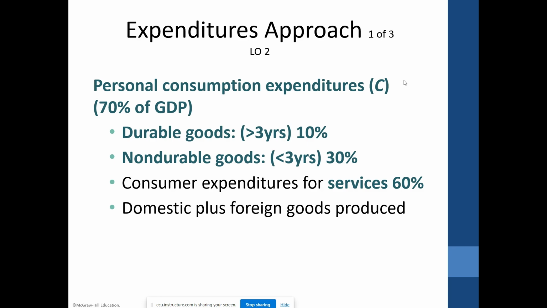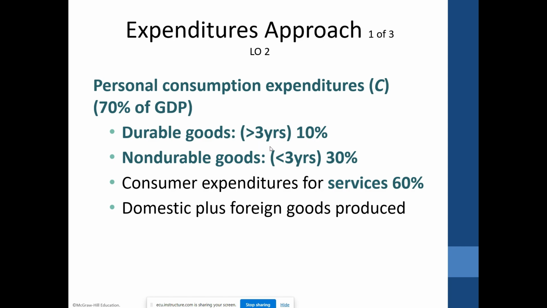The first component is personal consumption expenditures, indicated by a C notation, which covers all household expenditures on final goods and services during a year. In any given year, approximately 10% of those expenditures are for durable consumer goods, which are defined as having a life of 3 years or more.